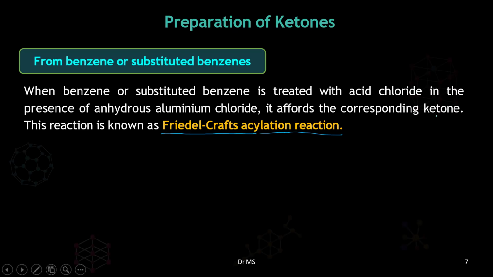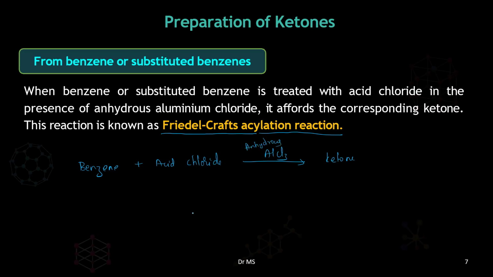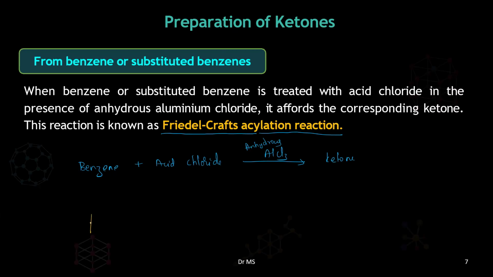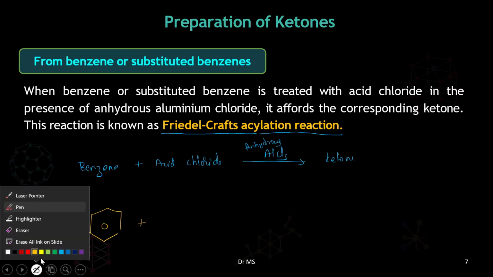So what happened here? Benzene, when you treat with acid chloride, it will give ketone in the presence of aluminum chloride, which is anhydrous. Understood? So let's take an example. Take a benzene ring and take an acid chloride.